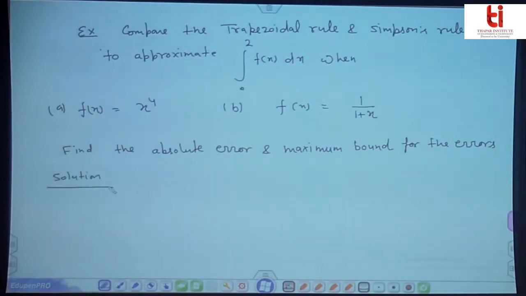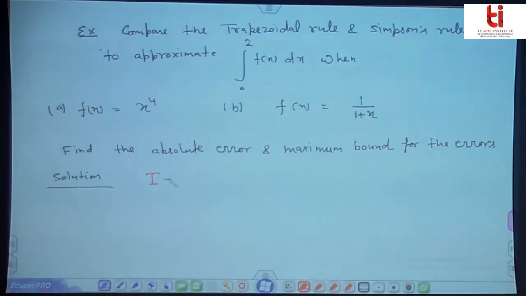Solution. So what you have to do is find the integration of the function by the trapezoidal rule and Simpson rule, and then compute the absolute error and maximum error bound for the trapezoidal rule and Simpson 1/3 rule. So let us integrate it.